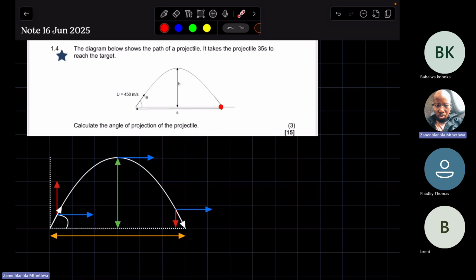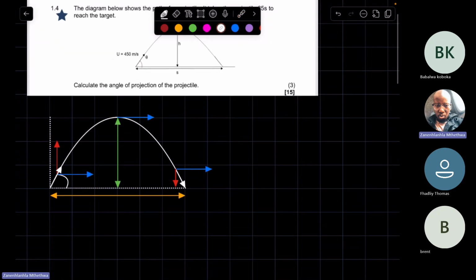So you've been given the initial velocity, and you are also given the time it takes. It takes the projectile 35 seconds to reach the target.